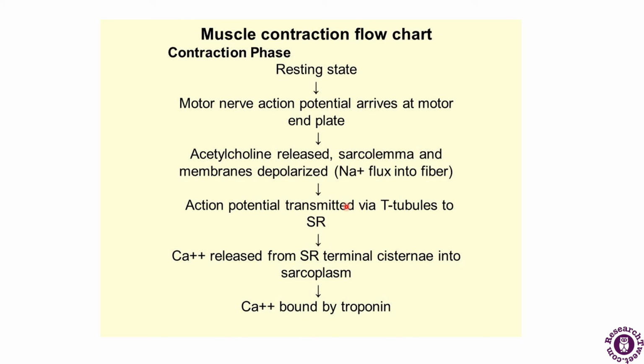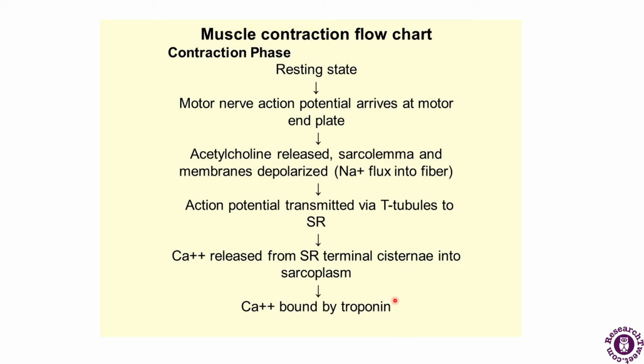After this step, the action potential is transmitted via T tubules to the SR, that is the sarcoplasmic reticulum. Then Ca2+ is released from the SR terminal cisternae into the sarcoplasm.